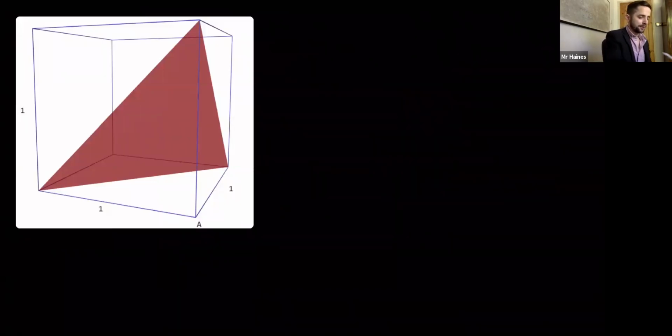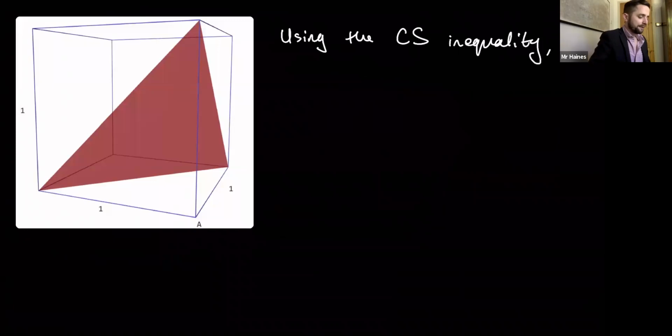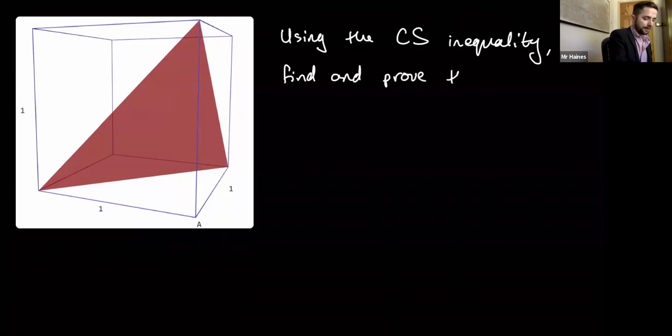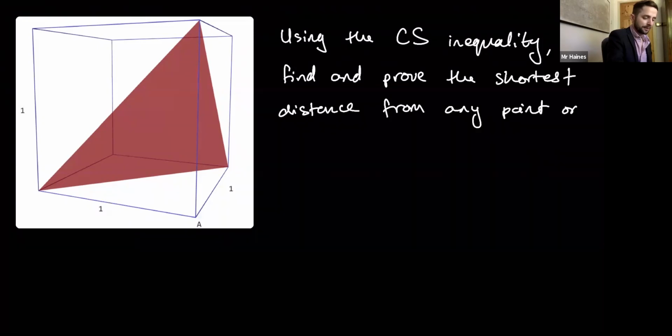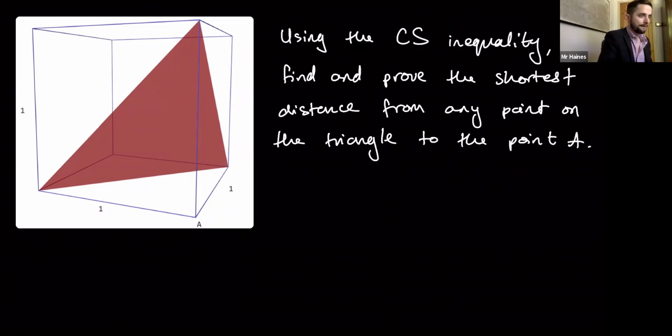So my problem to you, if you choose to accept it, is using the Cauchy-Schwarz inequality, so using the CS inequality, find and prove the shortest distance from any point on the triangle to the point A. All right, so this is our point A down here.